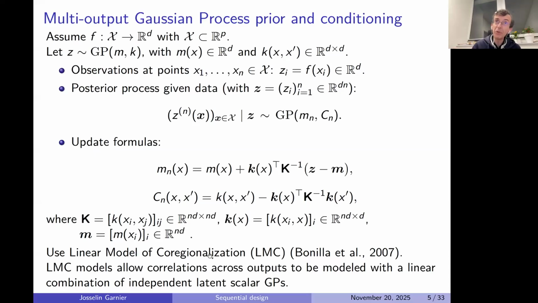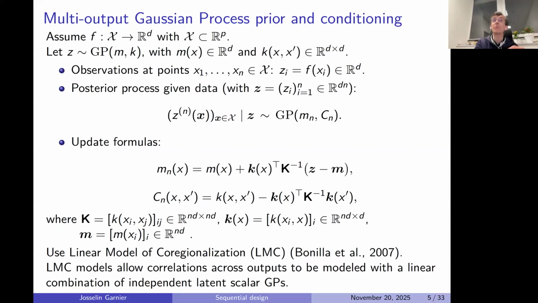So you can reduce a little bit the dimension of the hyperparameters using LMC, a linear model of co-regionalization, which allows you, in fact, the principle is to write this vector valued Gaussian process as a linear combination of independent scalar valued Gaussian process.